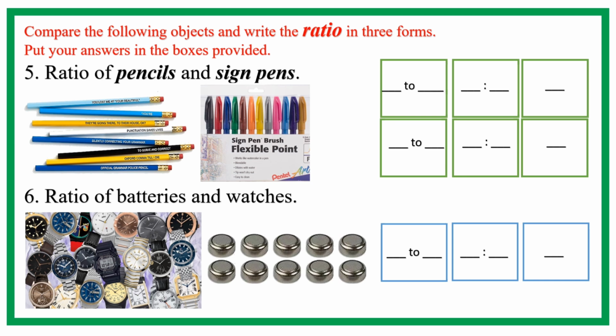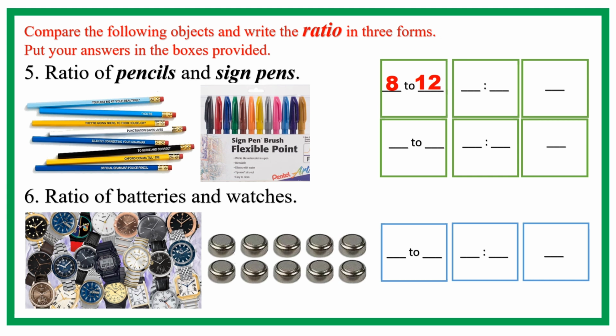Now let's answer this. First, let's count the number of pencils. 1, 2, 3, 4, 5, 6, 7, 8. How about the sign pens? 1, 2, 3, 4, 5, 6, 7, 8, 9, 10, 11, 12. We have 12 sign pens.